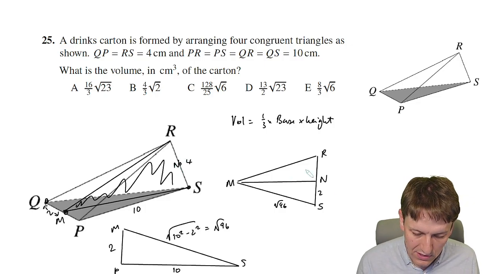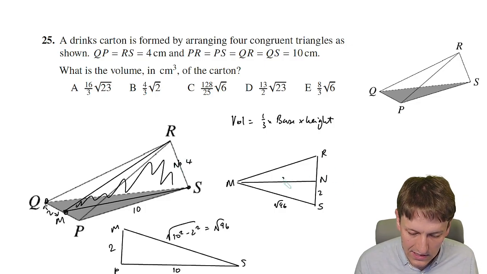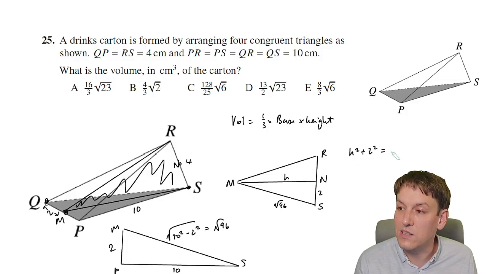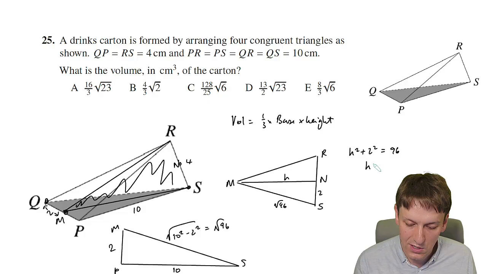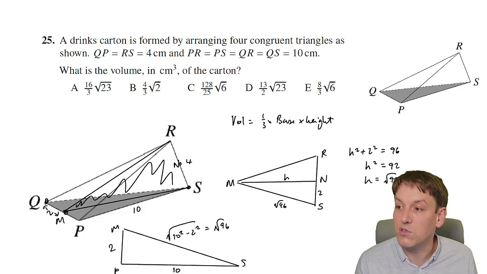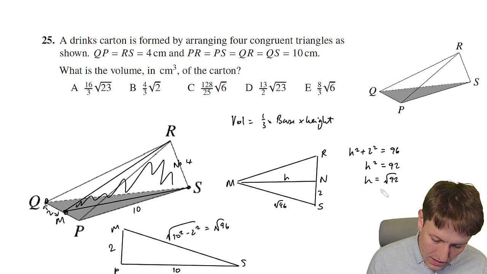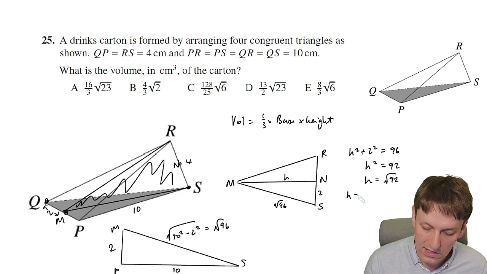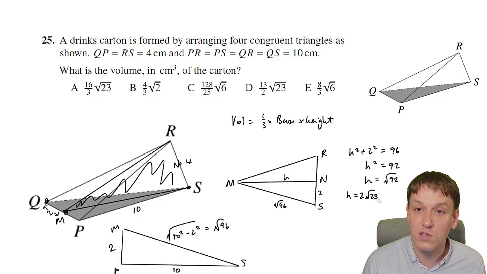By Pythagoras theorem, again, let's call it the height here, h squared plus 2 squared is root 96 squared, or 96, so h squared is 92, and h is the square root of 92. 92 is 4 times 23, so this is 2 times the square root of 23.